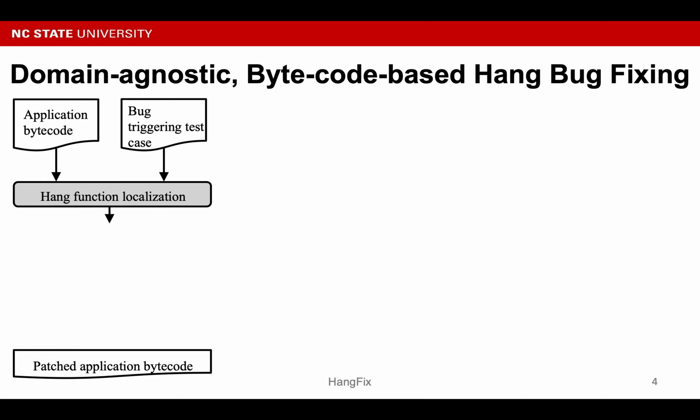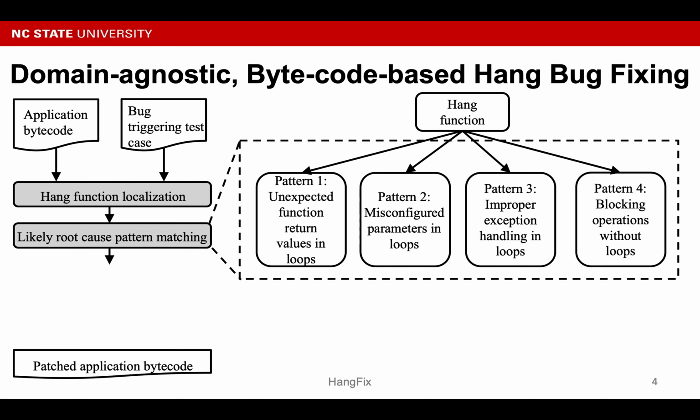The first step, hang function localization. HangFix leverages the stack trace to pinpoint the hang function. The next step, likely root cause pattern matching. HangFix matches the hang bug to a set of commonly seen root cause patterns. Currently, we target 4 root cause patterns.